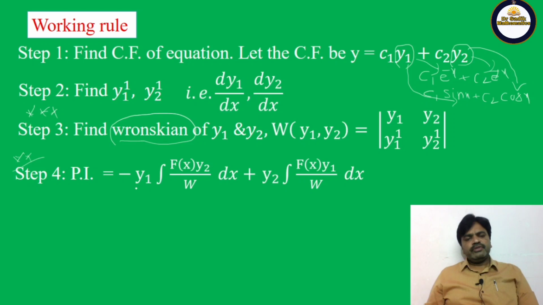Here we have a formula, and you have to remember it. The formula is: minus y1 times the integral of f(x) y2 / W dx. In the complementary function we get y1 first, so you write minus y1 first, and then the integral of f(x), the right hand side function, into y2 divided by W, which you already found, into dx.